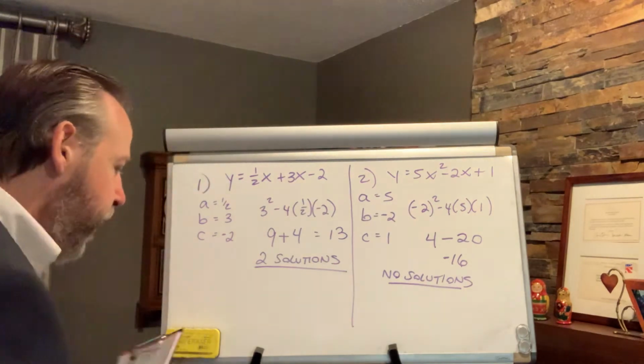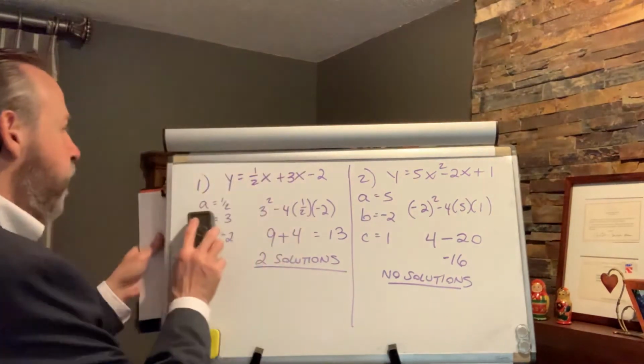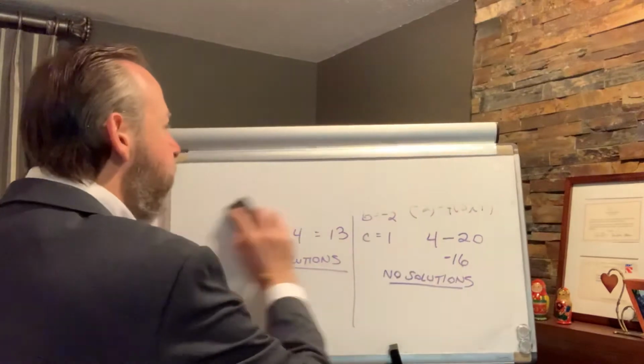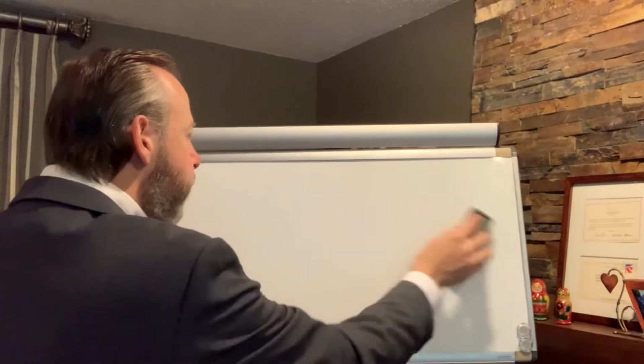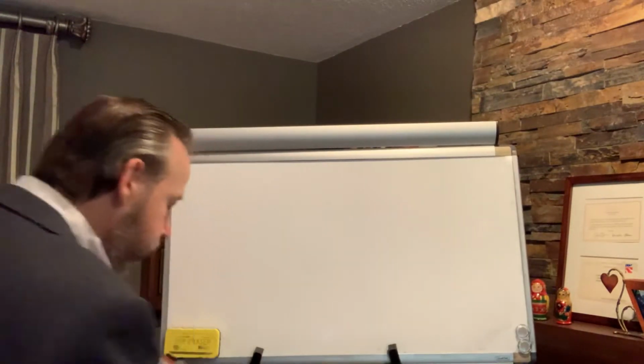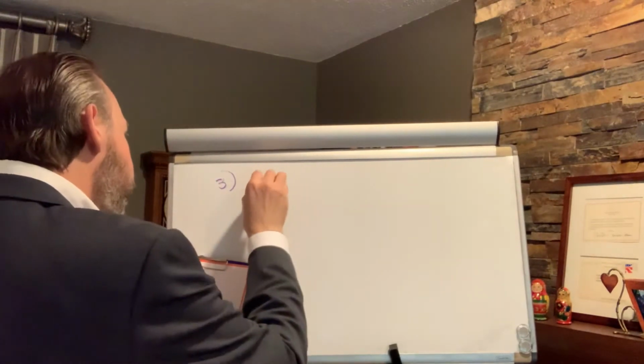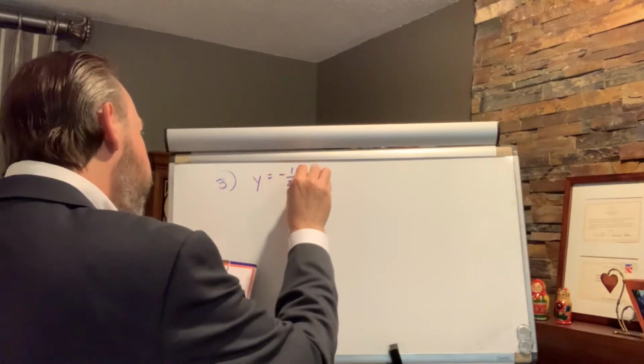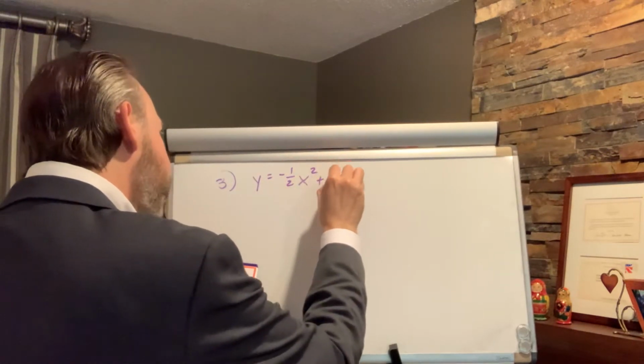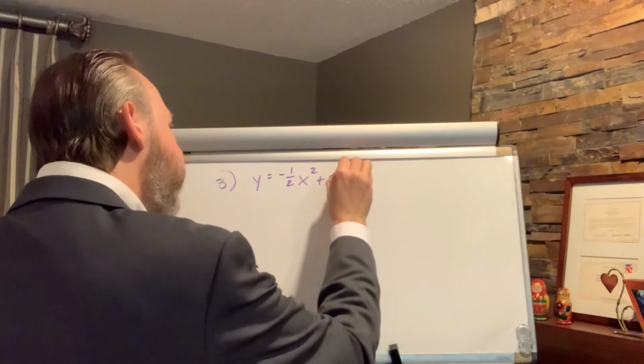The other 2 prompts you had to answer for last night were solving using the quadratic formula, so that we can still practice using that. So let's look at those 2. So number 3 on the worksheet, y equals -1/2 x squared plus 5x plus 4.